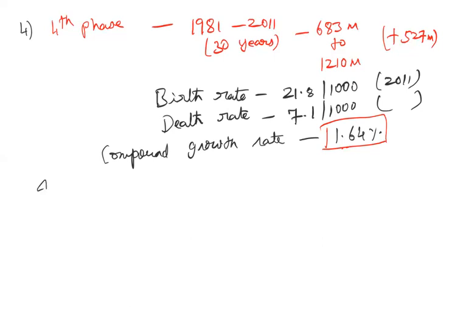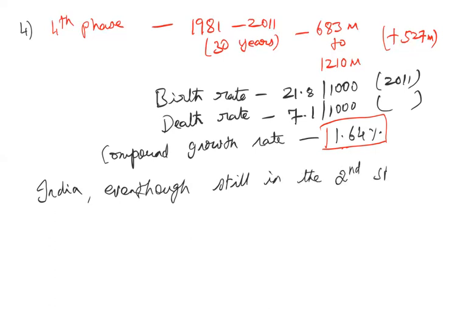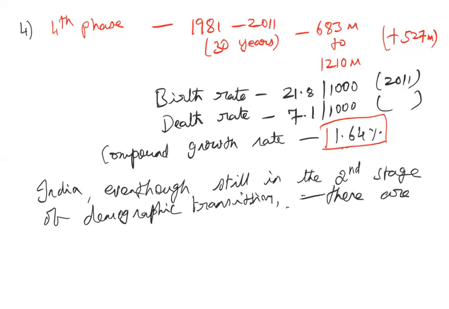So that's why we say India, even though still in the second stage of demographic transition, has definite signs of slowing down.